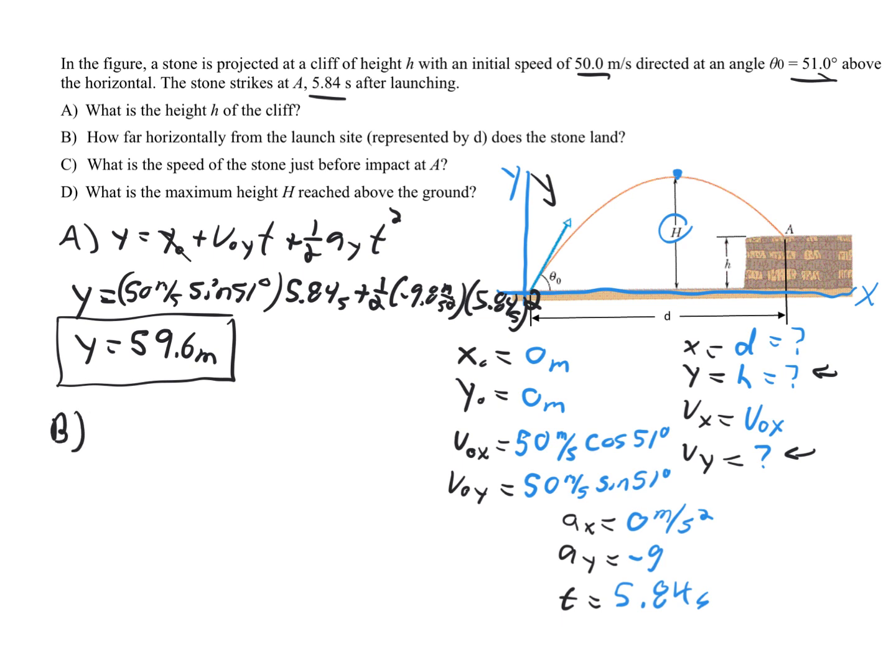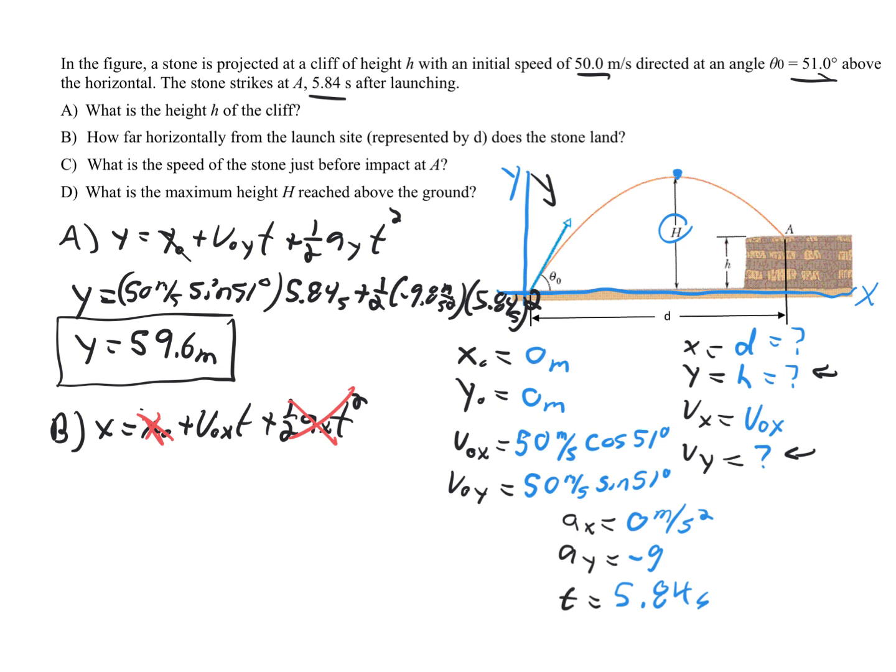Part B asks us to find the distance d. So I think using the same kinematic equation but applying it to the x direction seems like the way to go. X final is going to be equal to x initial plus v initial x times time plus 1/2 acceleration in x times time squared. Once again, we have x initial being 0 and we have a x being 0.